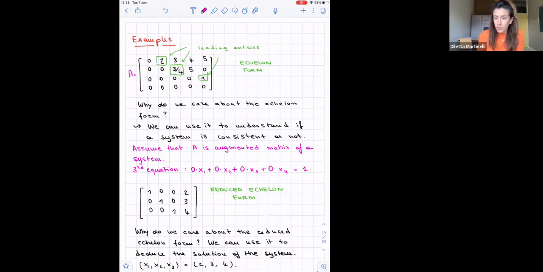Can the system be consistent? Could we have any solution? So a solution, a vector x1, x2, x3, x4, for which you have 0 equal to 1. No, so there are no solutions. So basically, if in the echelon form you have a row of the form 0, 0, 0, 0, and then the last entry is not 0, then you can conclude that the system is not consistent.